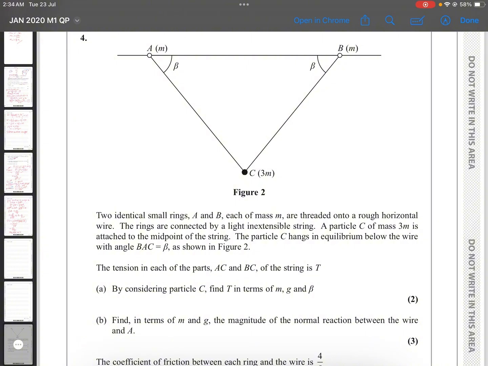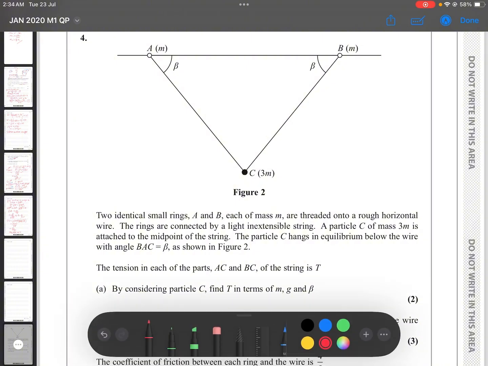First, let's mark out all the forces which we can. C is of mass 3m, so its weight is 3mg. Next, these rings have mass as well, so this is going to be mg, and this is mg as well.